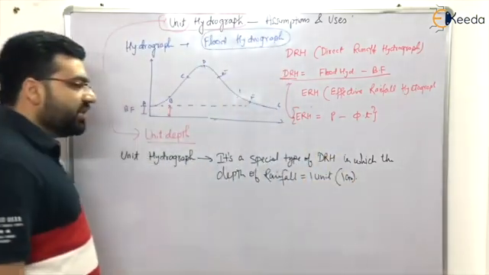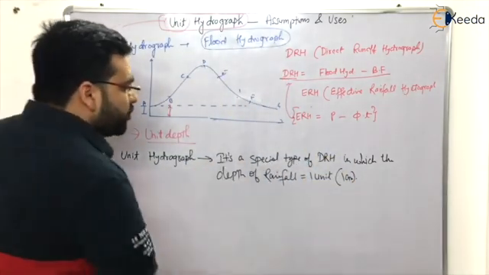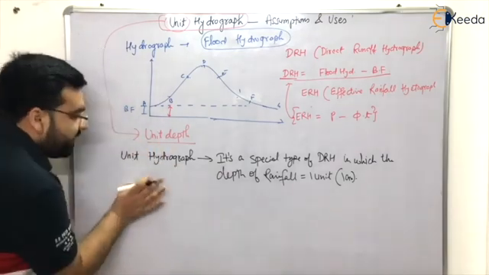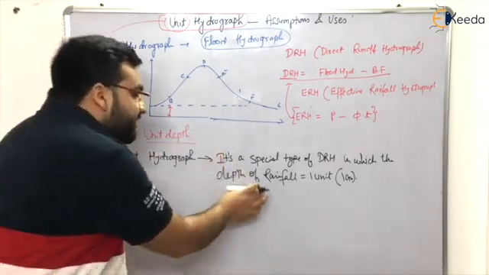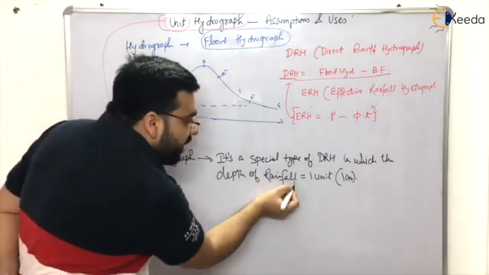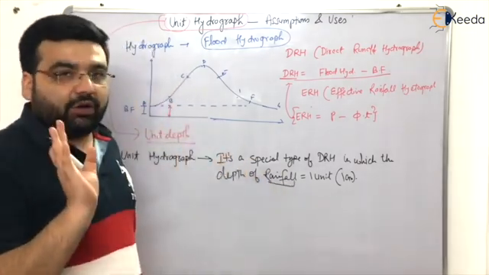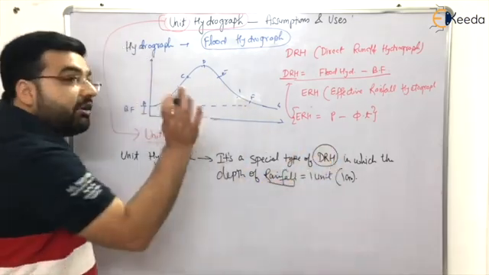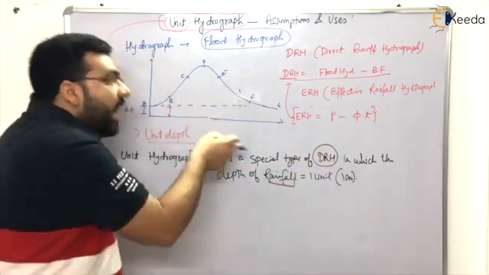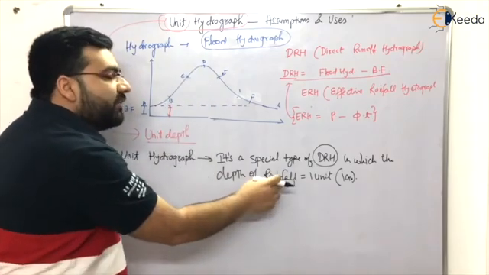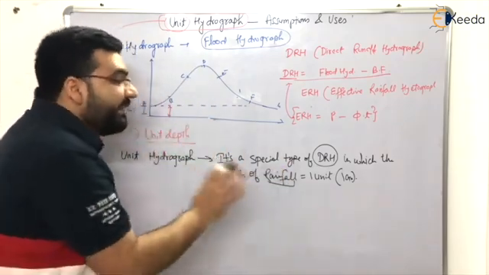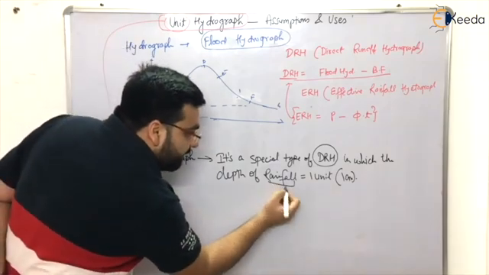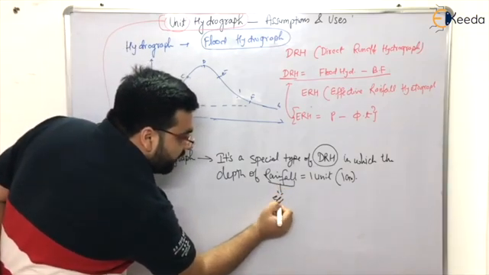In most of the questions that come in examinations, most of the time it is 1 centimeter. Now which type of rainfall is this? It is effective rainfall, because it is a special type of direct runoff hydrograph, not a flood hydrograph. If it were a flood hydrograph, I would have told you it is not the effective rainfall, right?